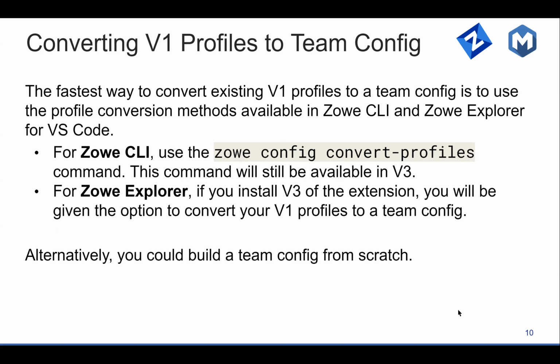And in Zowe CLI, we have the zowe config convert-profiles command. And in Zowe Explorer V3, we'll give the users the option to convert their V1 profiles to a team config if we detect that they have V1 profiles. And the other alternative is to build a team config from scratch.